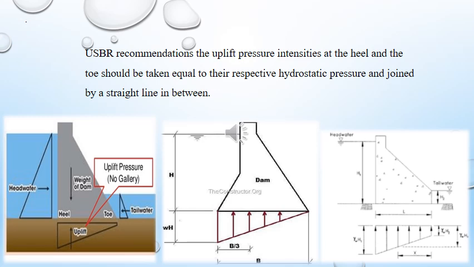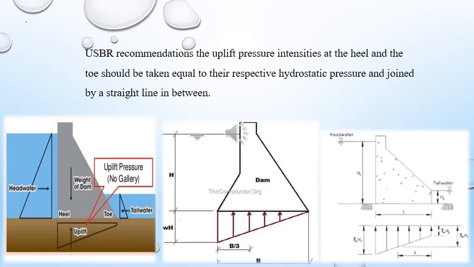And if the tailwater depth is H dash, then the uplift pressure intensity is gamma W into H dash. Here we also take an uplift factor, C, which is equal to 1 or less than 1.